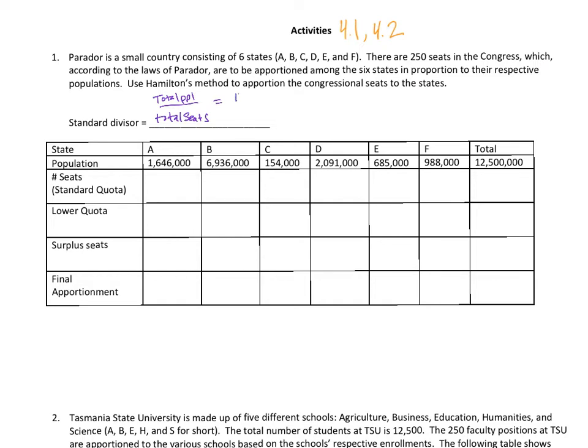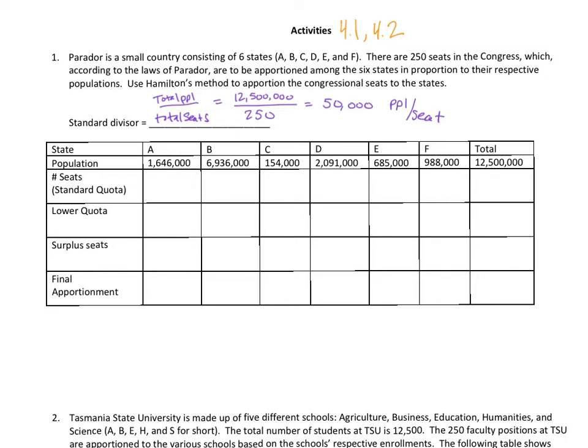So we have 12,500,000 total people divided by the number of seats we're apportioning, 250, and that comes out to 50,000 people per seat. Okay, so for every 50,000 people in a state, you get 1 seat in Congress.